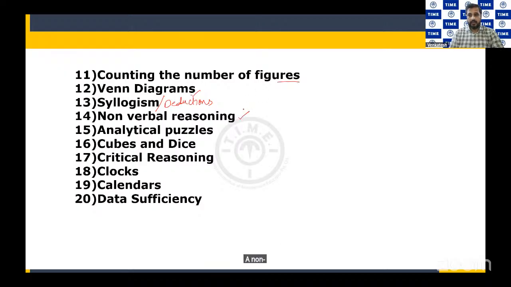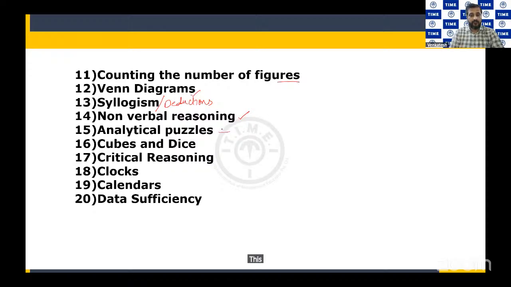Non-verbal reasoning, and even in non-verbal reasoning, you may be given images, paper cutting, folding, non-verbal series, non-verbal analogies, odd man out, this kind of question, and analytical puzzles.